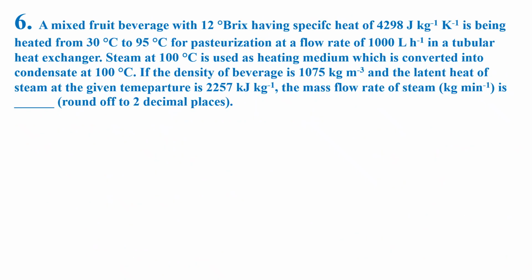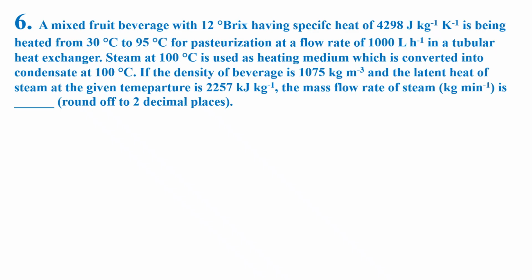Beverage having specific heat of 4298 joule per kg Kelvin is being heated from 30 to 95 degrees Celsius for pasteurization at flow rate of 1000 liter per hour in a tubular heat exchanger. Now steam at 100 degrees Celsius is used as heating medium, which is converted into condensate at 100 degrees Celsius.